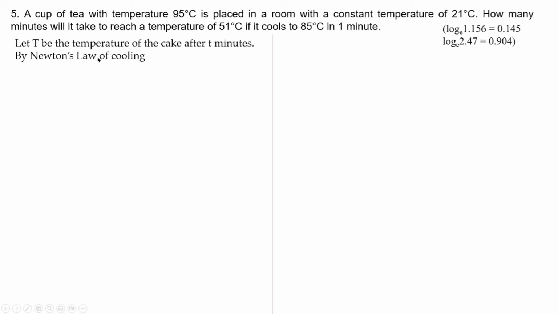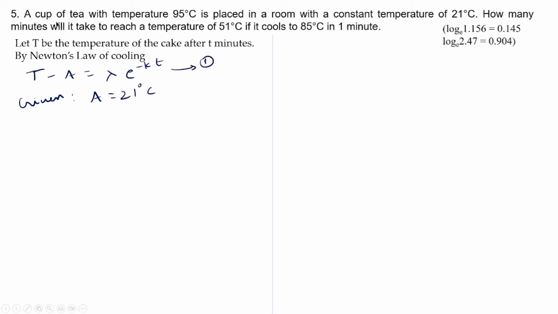Let T be the temperature of the tea after t minutes. By Newton's law of cooling, we have T minus A equal to lambda into e raised to minus kt. Given A is the surrounding temperature. So the surrounding temperature is given as 21 degrees Celsius.